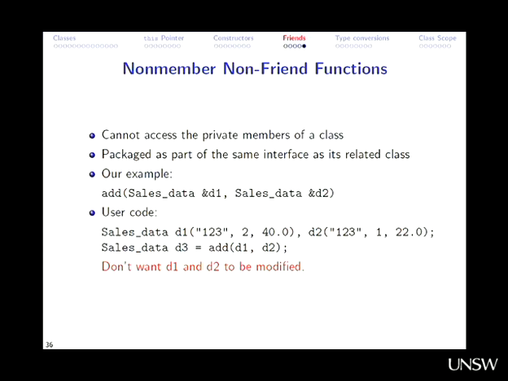So in this case, it's line 38, right at the bottom of this .h file here. I have a function called add that returns a sales data object. This is not a member function of sales data. It is not a friend of sales data. It can only access the public exposed interface of sales data because of that.